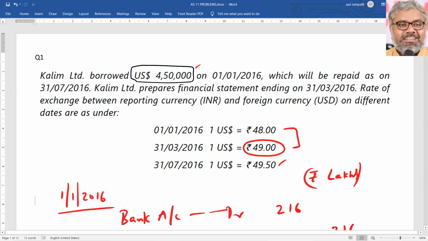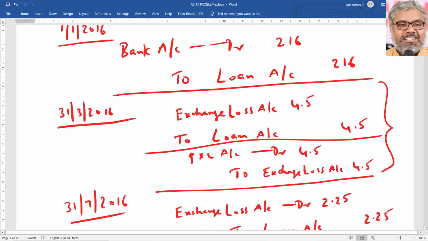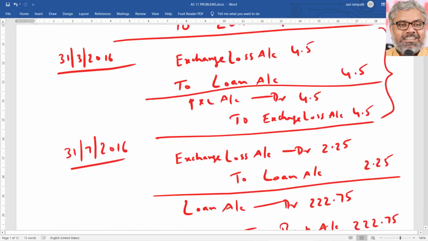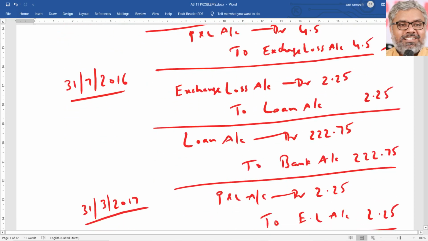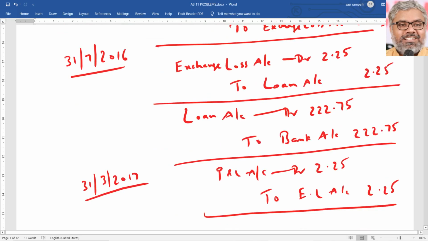And same way, when the transaction is actually settled, that is a real exchange loss. Of course, in this, 4.5 lakhs was not a real exchange loss, that was an unrealized exchange loss, but still according to accounting standard 11, we charged it off to P&L account. 2.25 lakhs is a real exchange loss because that really happened on that day, and that is realized.